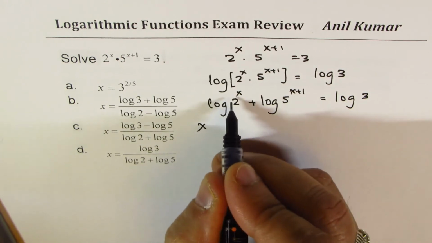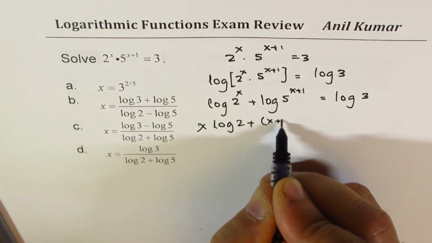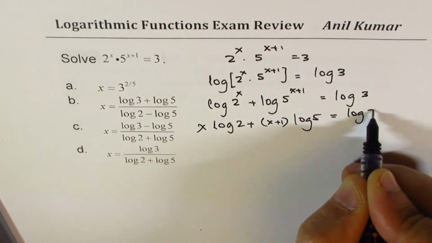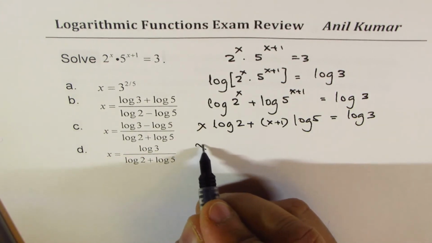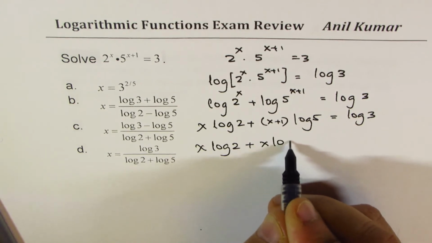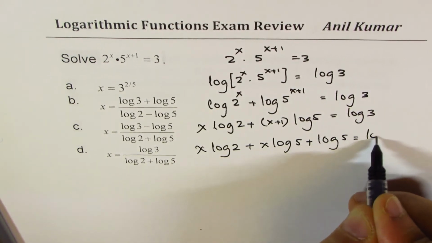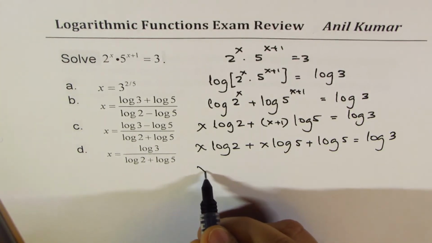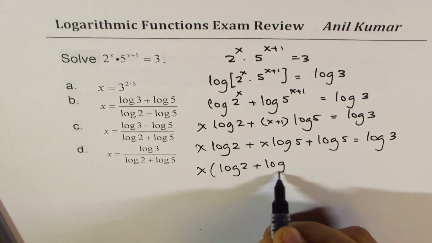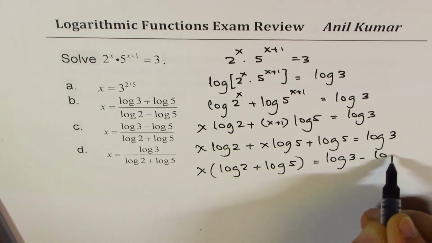Now power rule. So x times log of 2 plus (x plus 1) times log of 5 equals log of 3. Open the bracket and take x common. We'll do it in 2 steps. x log 5 plus log 5 equals log 3, right? So we can take x common in the first 2. We get x times (log of 2 plus log of 5) equals log of 3 minus log of 5.